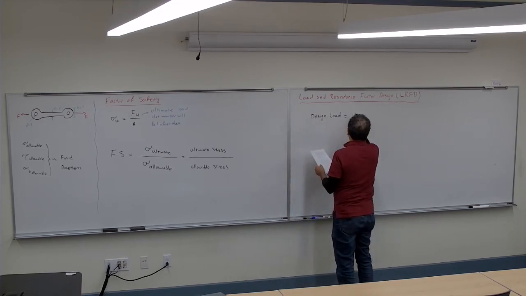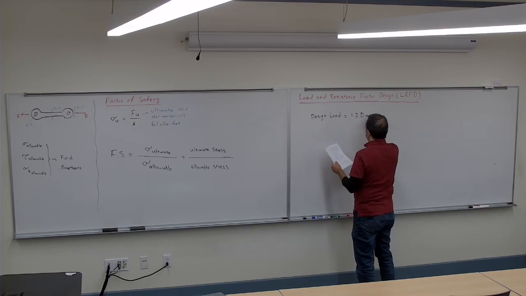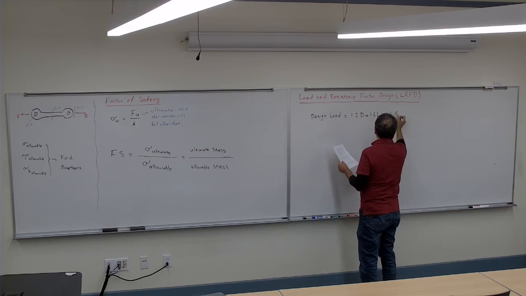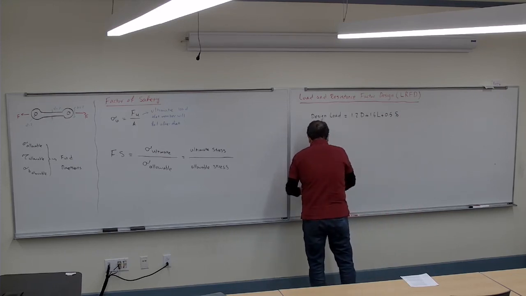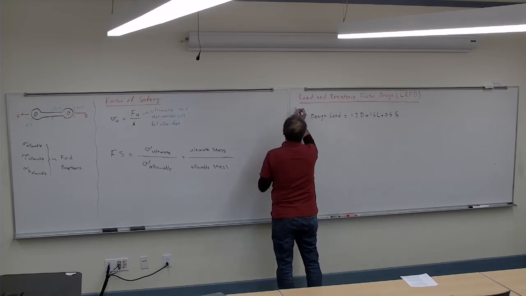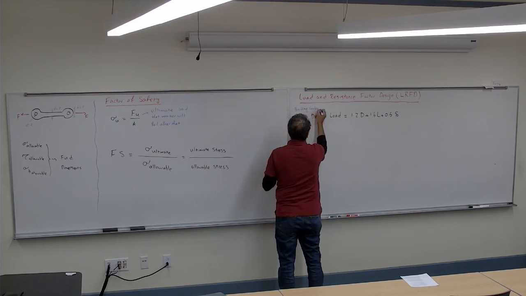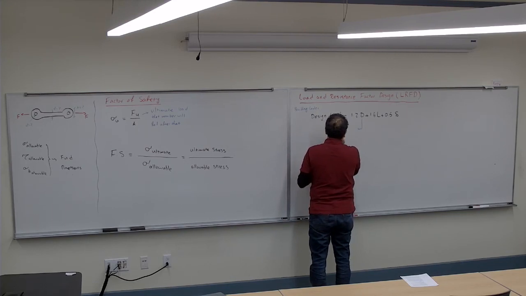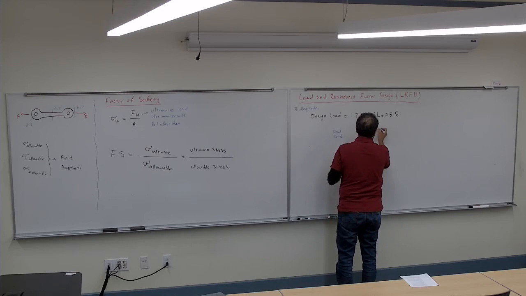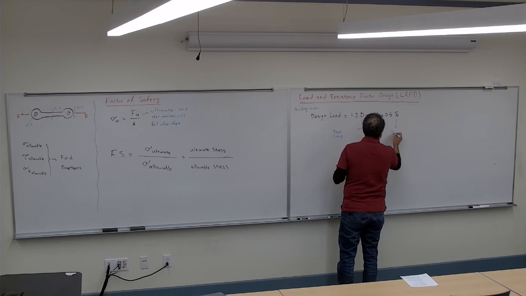So it's going to be 1.2 D plus 1.6 L plus 0.5 S. Usually in building code, that's what they are using to do work. D is dead load, L is live load, and S is snow.